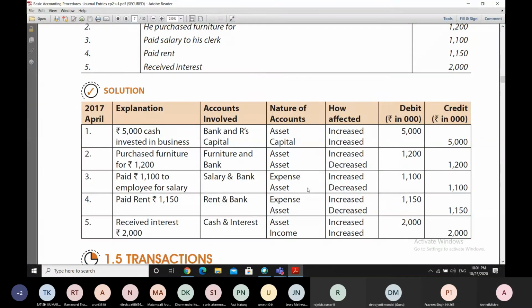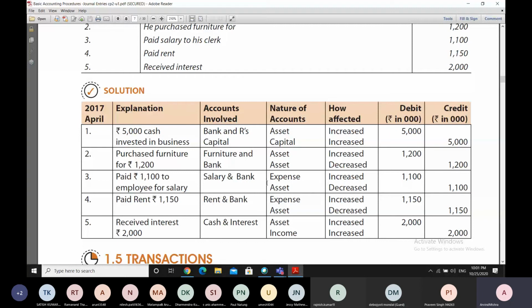Now, the third example is that an amount of 1,500 is paid as salary to an employee. Here, two accounts are affected. One is the salary account, another is the bank account. The salary account is an expense account and the bank account is an asset account.